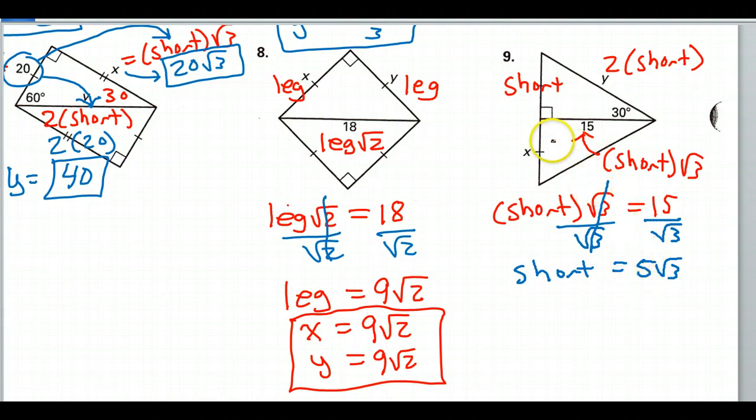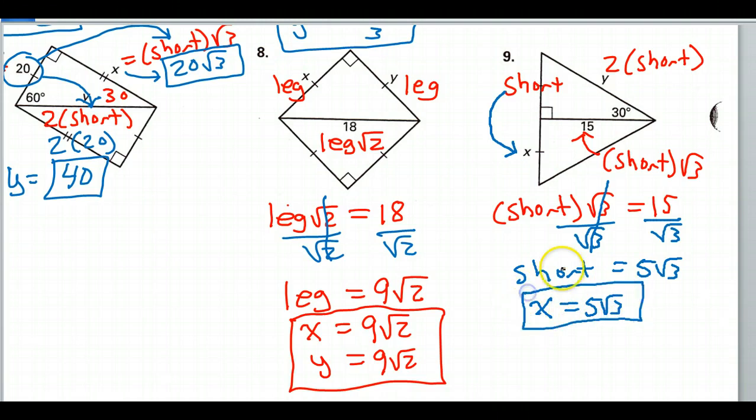Okay, so that gives me x, because x is also the short side. So I wrote short up here, but these are the same, so x equals 5 radical 3, being the short side, and y is going to be 2 times the short side. So y is 2 times 5 radical 3, which is 10 radical 3.